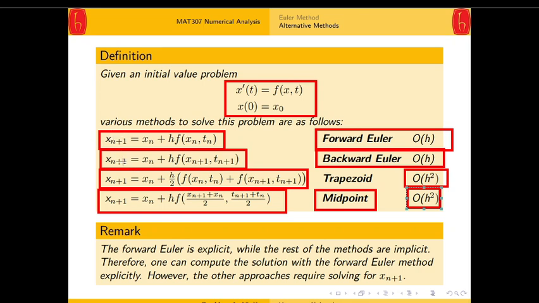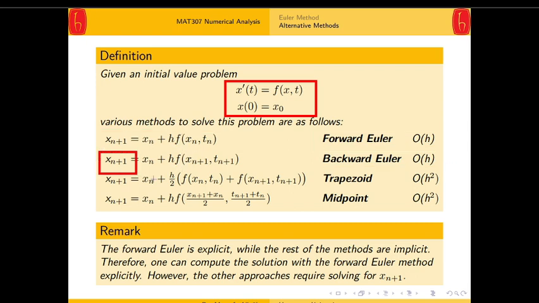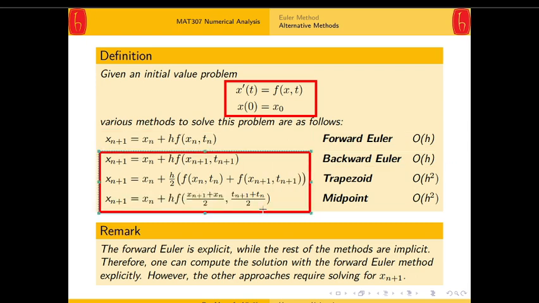But in these three cases, x_{n+1} will be on both the right hand side and the left hand side. So the forward Euler is explicit, while the rest of the methods are implicit, because x_{n+1} is on both sides.